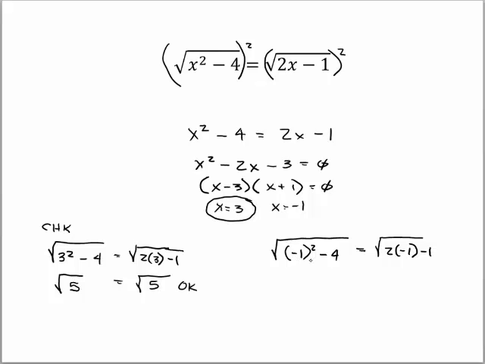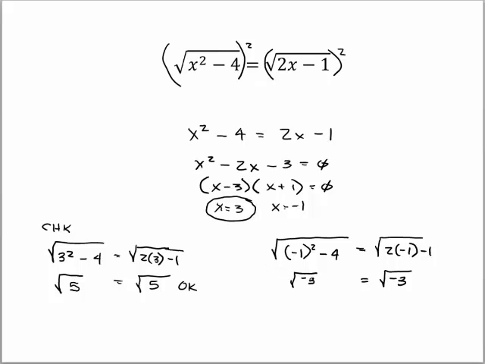Negative 1 squared is 1, minus 4 gives us the radical of negative 3. 2 times negative 1 is negative 2, minus 1 is negative 3. Okay, now these look to be correct, right?